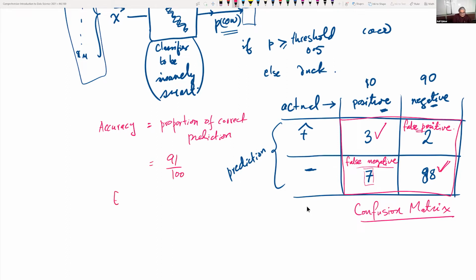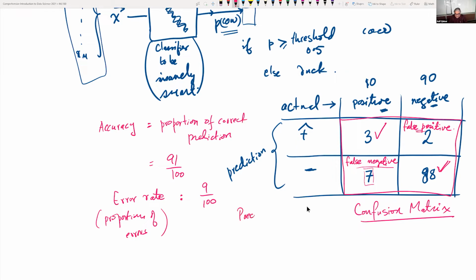And therefore the errors, what is the error rate? Which is the opposite, the proportion of errors. 9 by 100. It is 9 over 100. And so now come quite a few other measures. At this moment, I'll park them because I'll give some context later and then talk about it.